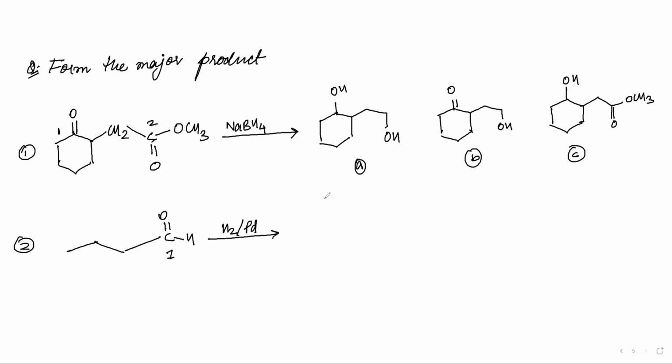Okay, you're telling me A. And for the second one, did you do the second one? Okay, the second one is pretty easy, I guess. Wait a second. How many carbons are there? 1, 2, 3, 4 carbons.